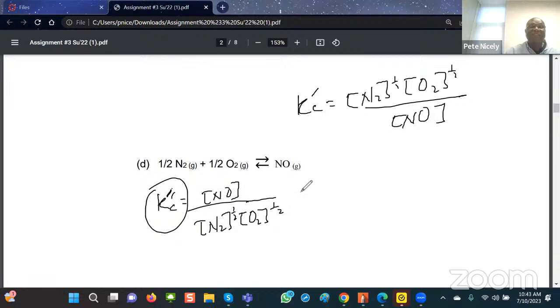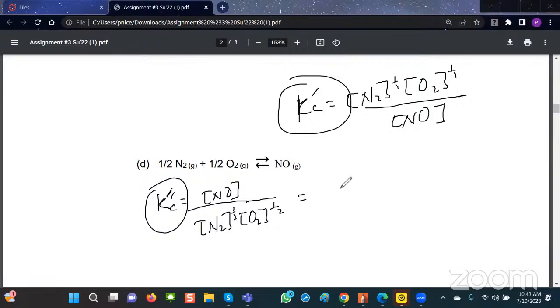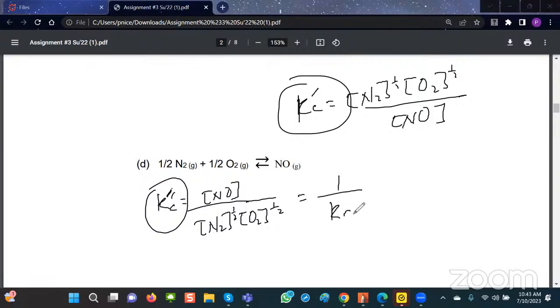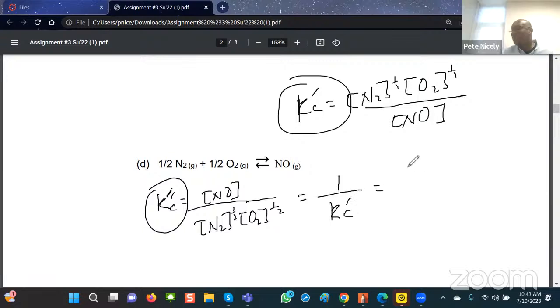So my question to you is, what's the relationship between Kc double prime and Kc prime? They're inverse. It's like 1 over Kc prime. Exactly. The answer that we got for the C part was 0.381, so I'm just going to put 1 over 0.381, and according to my calculations, the answer becomes 2.62. And that's basically how you do that.